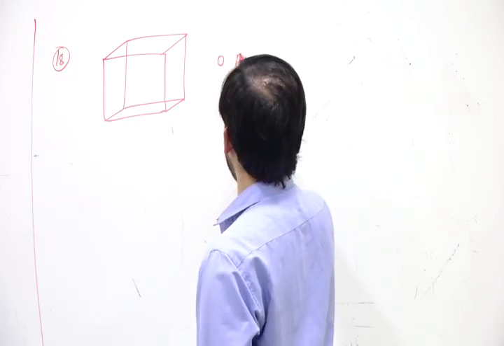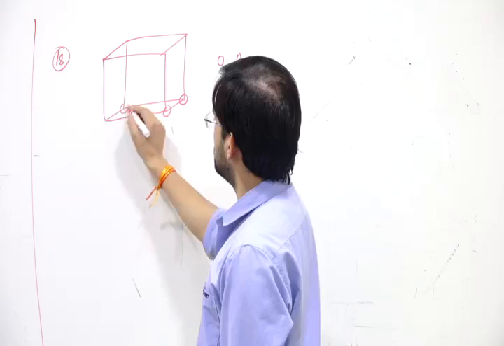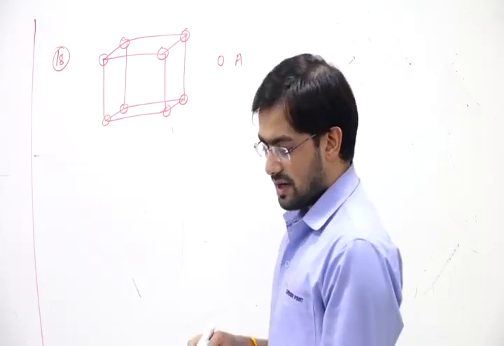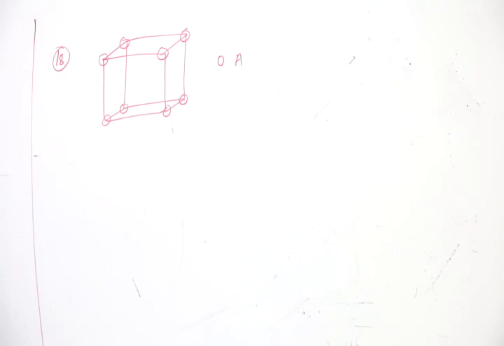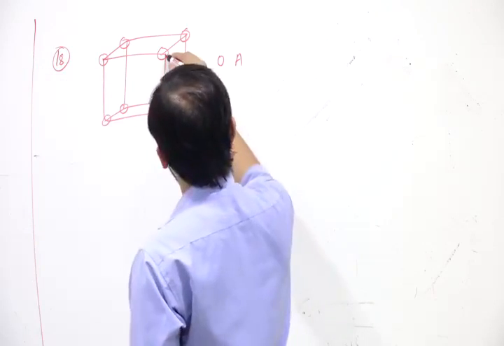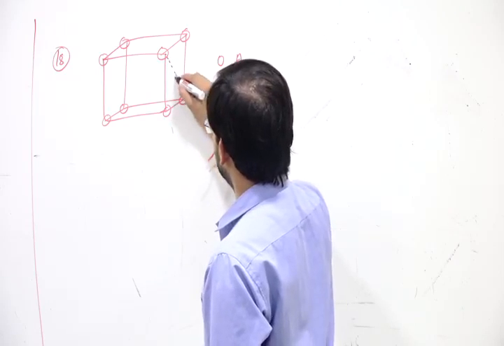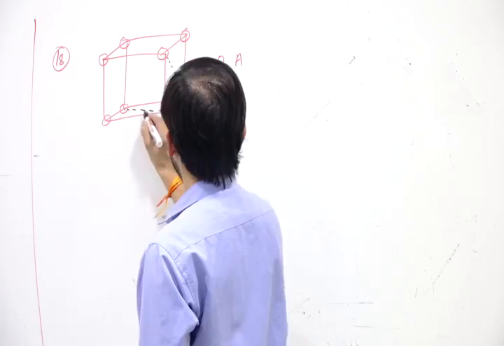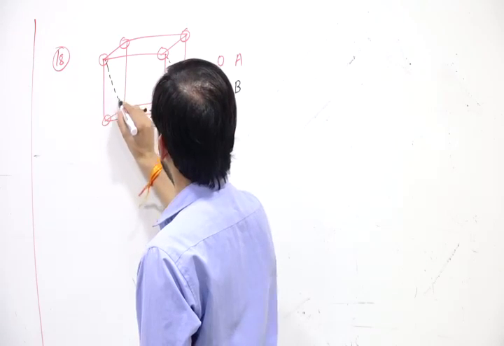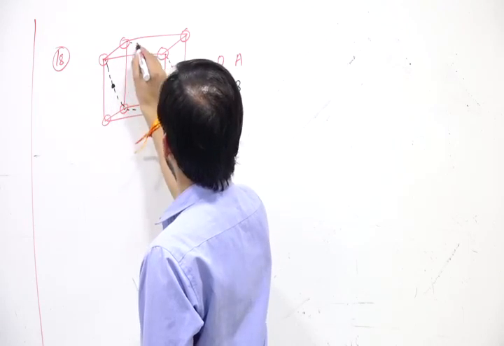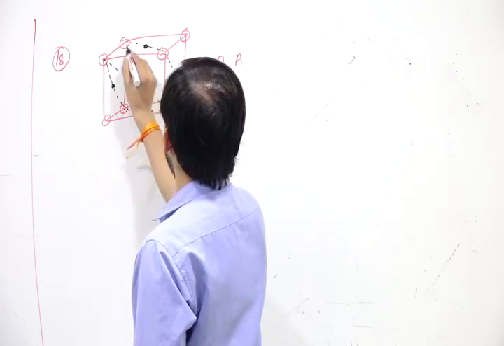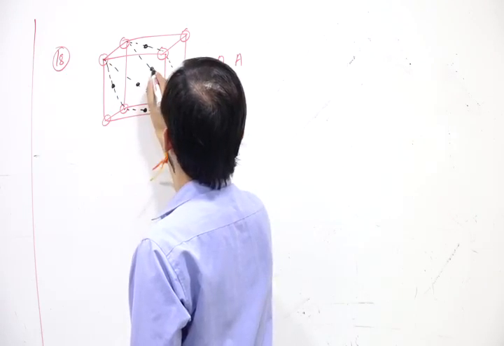So if this is A atom, corner, so 1, 2, 3, 4, 5, 6, 7, 8. A at the corner, right? And they are saying B atom at the face center. So B atom at the face center, for which we draw the face diagonal. So this is your B atom. One more face diagonal, B atom. One more face diagonal, B atom. One more face diagonal, B atom. Face diagonal, B atom. Face diagonal, B atom.